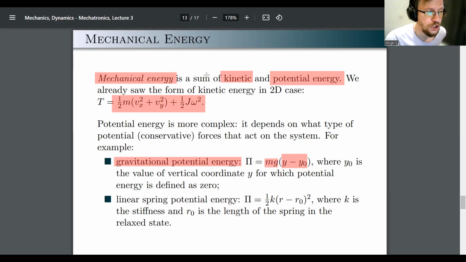But for a uniform potential field, which is what we usually do when we say gravitational force is mg, we have to work with differences. There is no true zero for this potential field, so we have to define a zero.